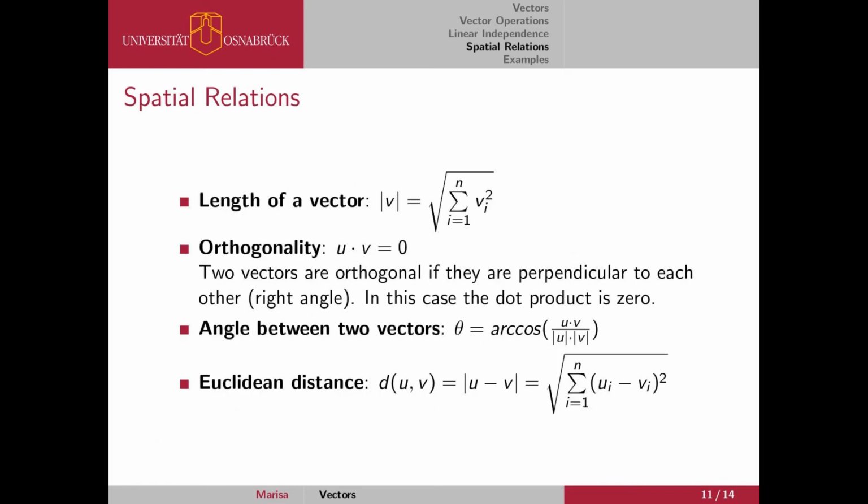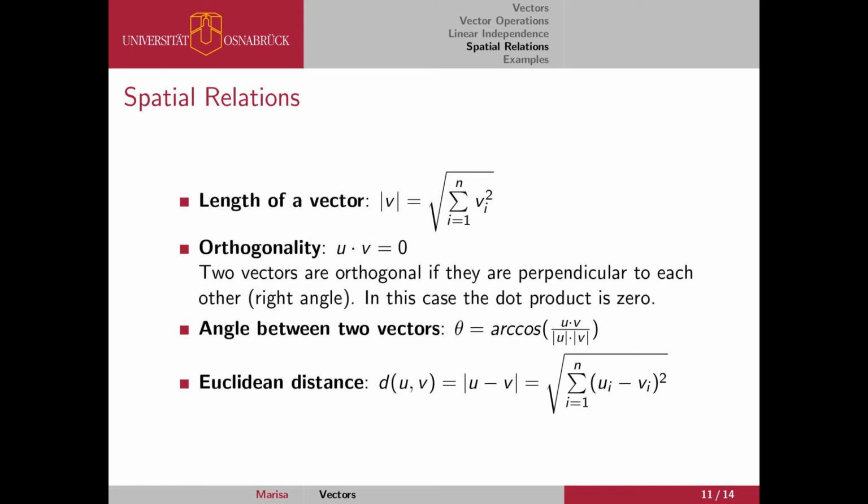Now let us talk about spatial relations. There are different things related to space and spatial relations that we can calculate for a vector or for different vectors together. The first thing I want to talk about here is the length of a vector. We denote this by two vertical lines, so one in front of the vector and one behind.